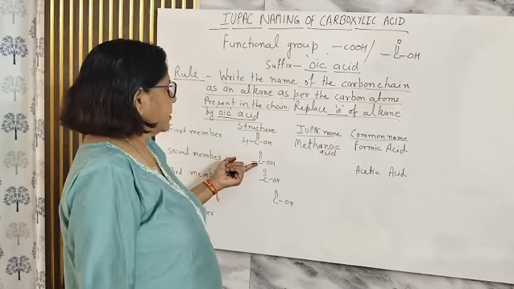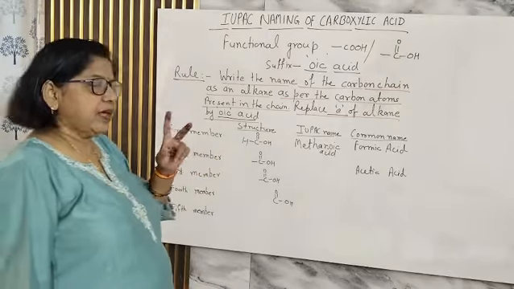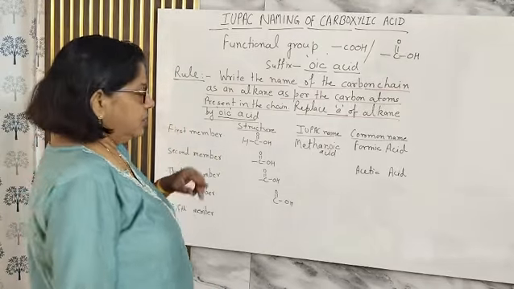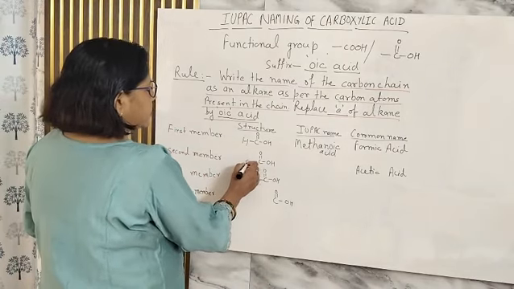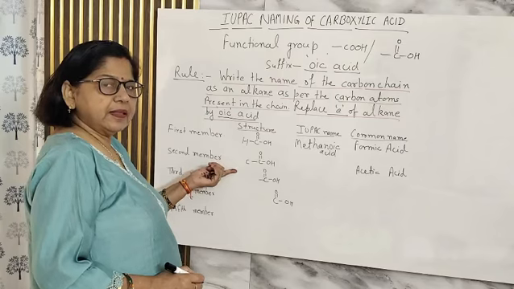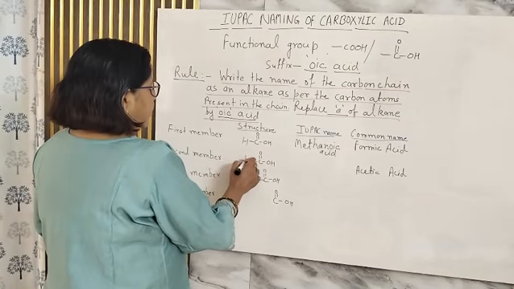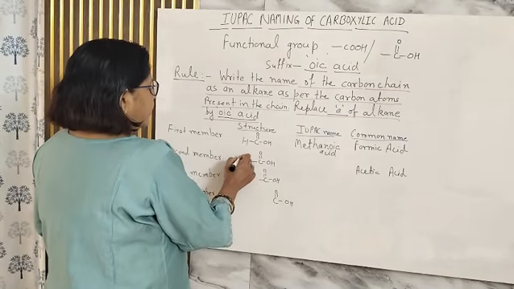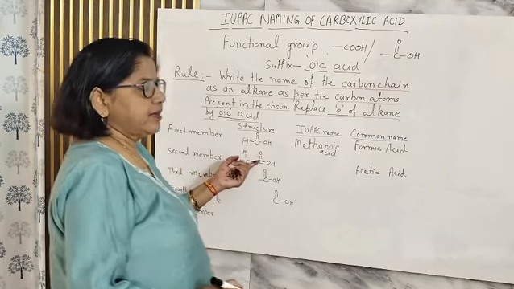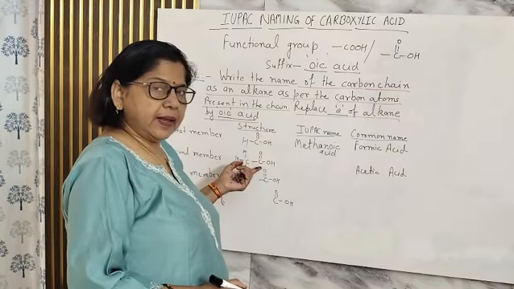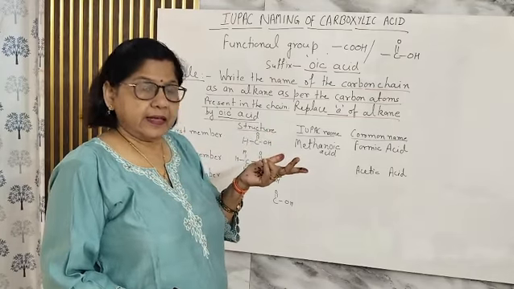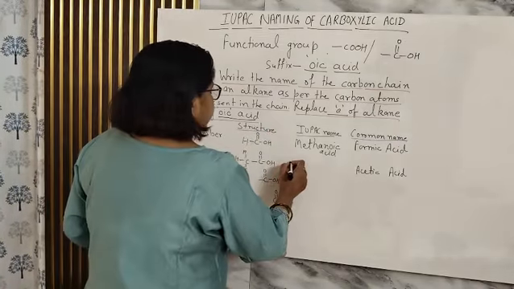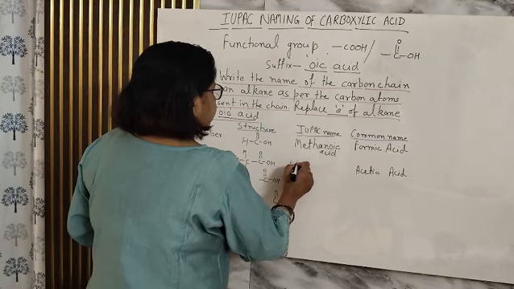Now the second member should have 2 carbons. One carbon is already present in the functional group, and I have written one more carbon. Now there are 2 carbons. I will write the name as an alkane according to 2 carbon atoms, which is ethane.